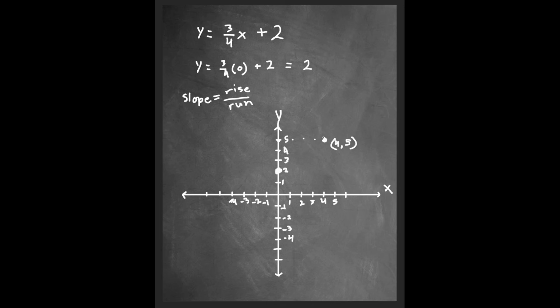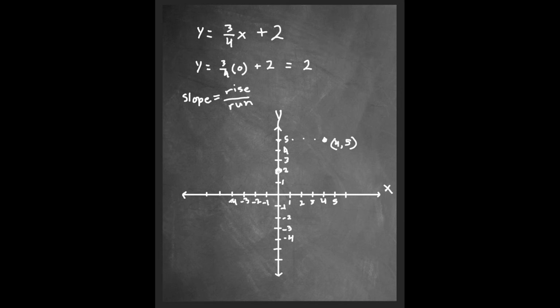Now we can use those 2 points to graph our line, but I always like to use a third point just because it makes it a little bit easier. So we can do the same thing. We can figure out another point using the slope again, but what if we go in the opposite direction? Because negative 3 over negative 4 would also give us the same slope of 3/4.